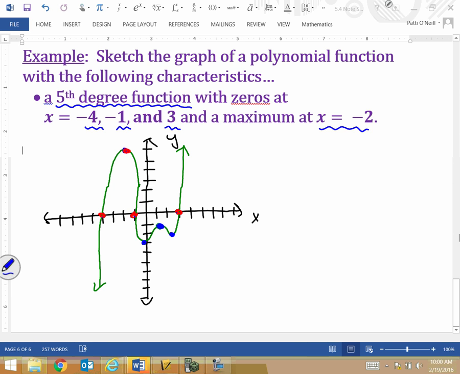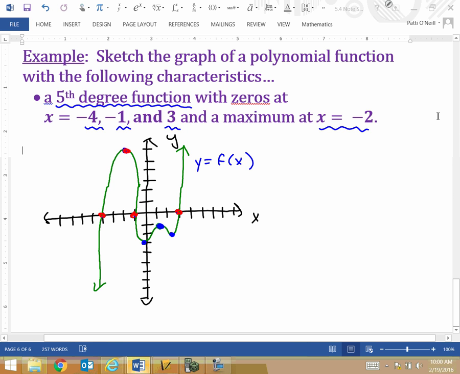I could have brought that up, I suppose, to touch the x-axis, which would be a double root, but since there wasn't a real number listed, I avoided that. So like I said, there are various interpretations to this. This is just one, but you will do some problems where you have to kind of be creative and think about what the characteristics are asking you to graph in the exercises that I'll give you.